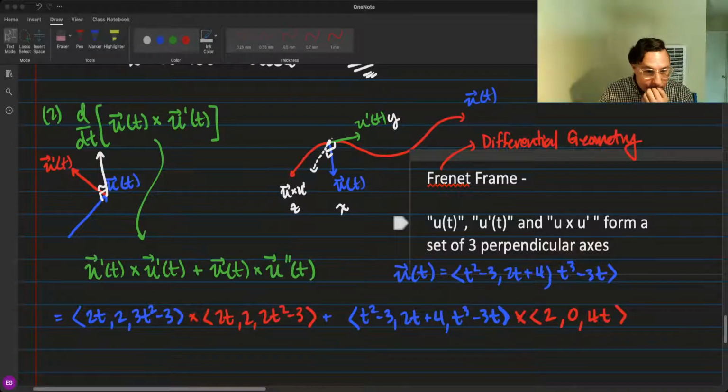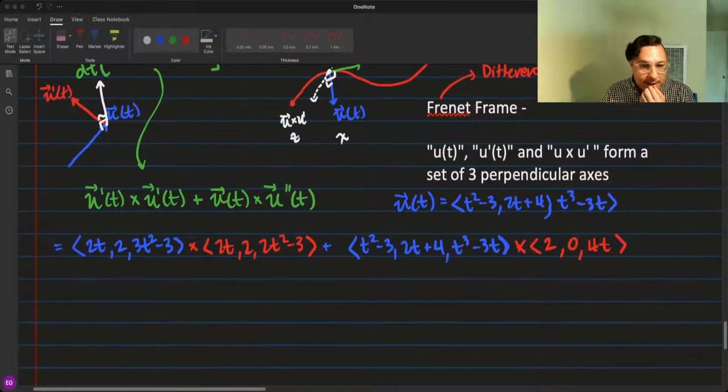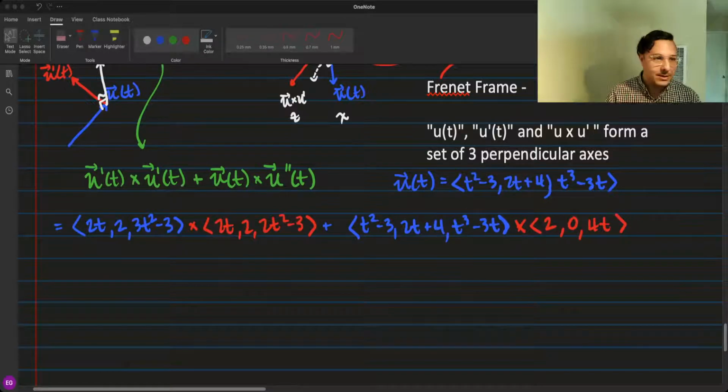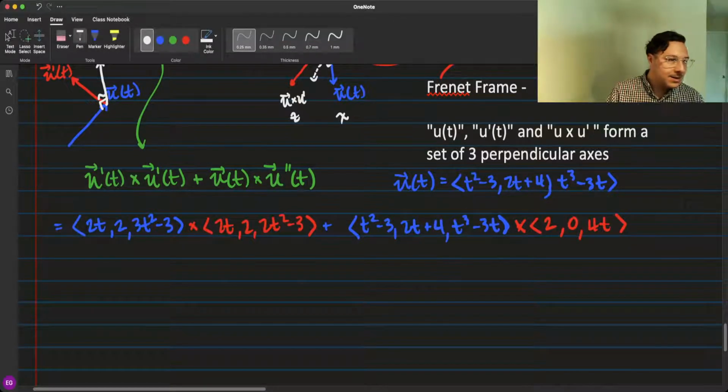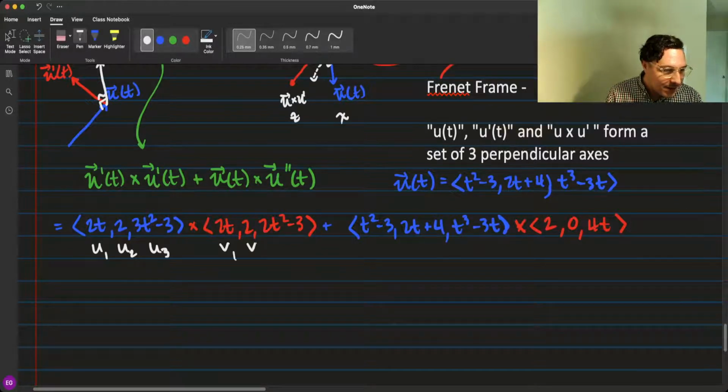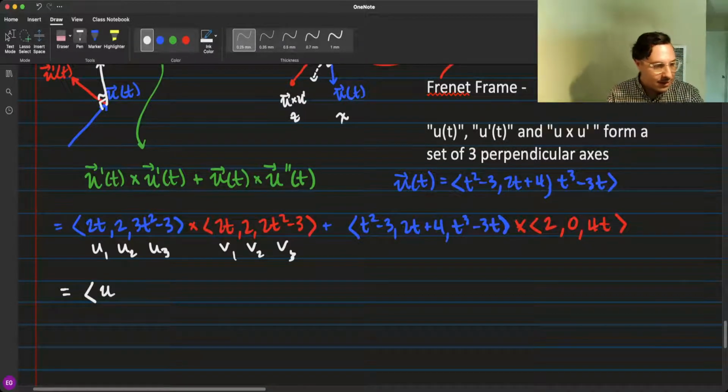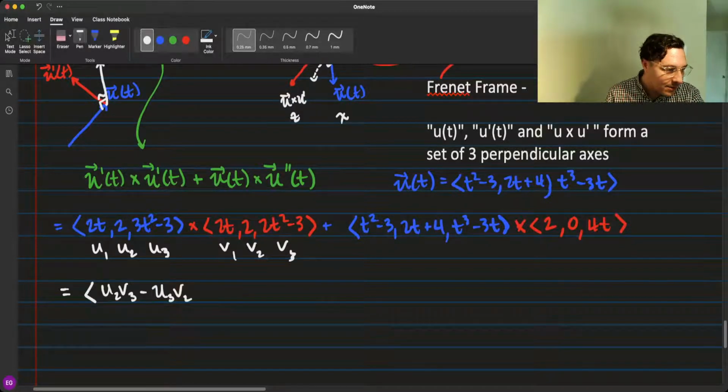Okay. So now we have to go and do these calculations. Ugh. Okay. So remember, if you call this U1, U2, U3, and you call this V1, V2, V3, and you want to calculate the cross product, you get another vector, and it's going to be U2, V3 minus U3, V2.